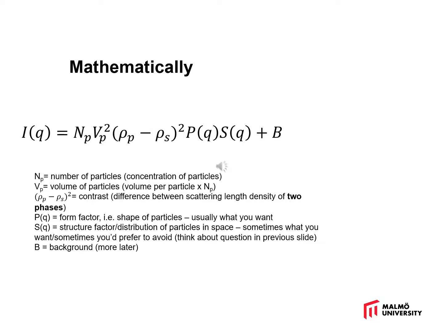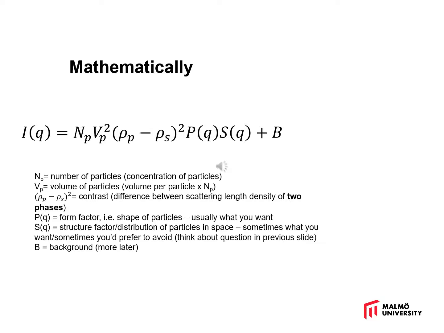Mathematically, the intensity that we measure as a function of Q is just a very simple product of the number of particles in the sample multiplied by the volume of the particles squared. The next factor is the contrast, which measures the strength of the interaction, and we'll talk a little bit more about that in some detail later.